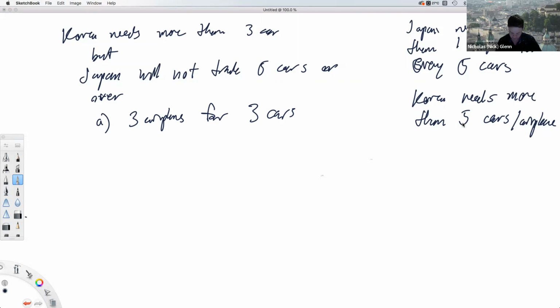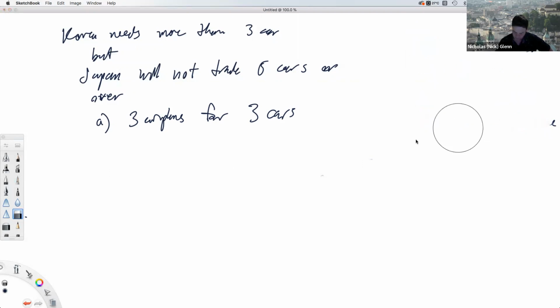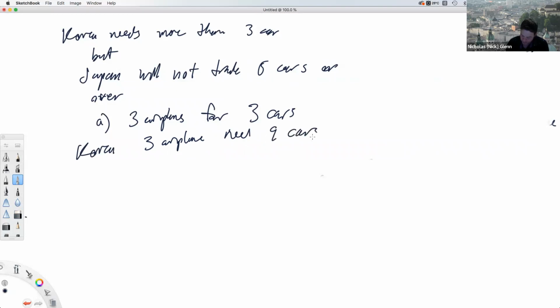Oh, I wrote this down wrong. That's 3. Yeah, Korea needs more than 3 cars for each airplane, right? So if they produce 3 airplanes, Korea's going to need 9 cars or greater.